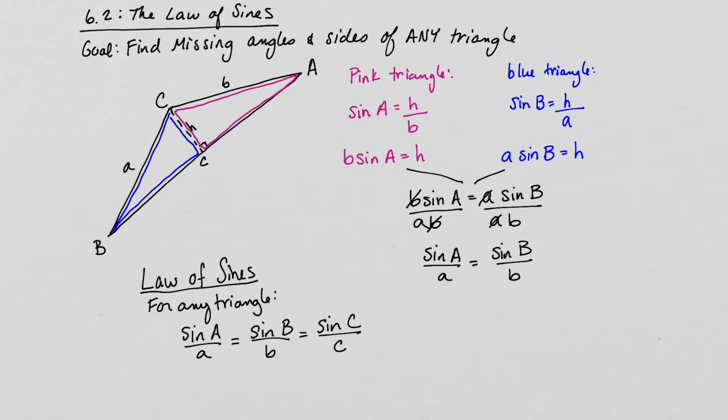I know in what I just did, we didn't get the sine of capital C over lowercase c. We would have to do the same thing, but drop a different h, like make a different right triangle to get it. It's this law of sines that you need to know and that we're going to use. So in any triangle, if you take the sine of an angle over the opposite side, it's going to be the same ratio as a different angle over the opposite side.